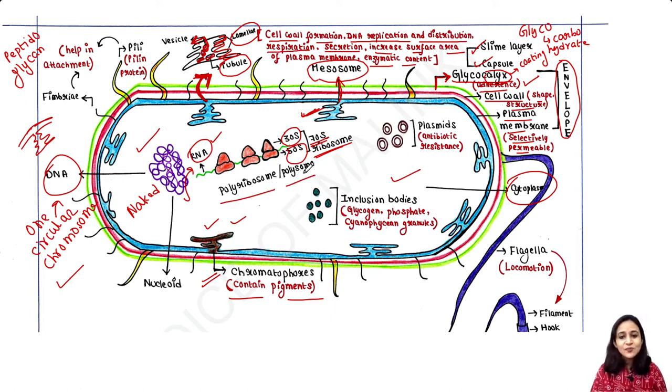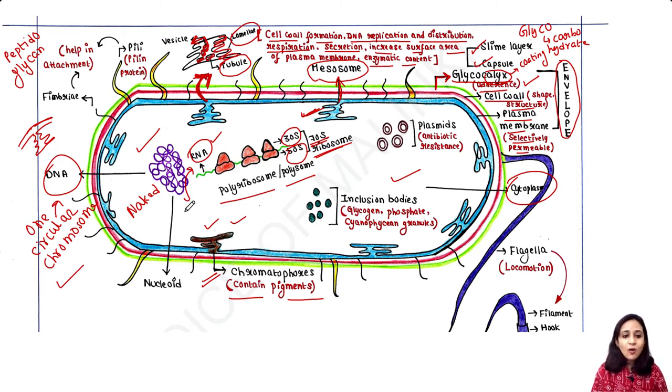That is also very unique in the prokaryotic cell, because in the eukaryotic cell only one ribosome gets attached to one mRNA. But in bacteria, more than one ribosome is attached to the mRNA. That is called the polyribosome or polysome concept.